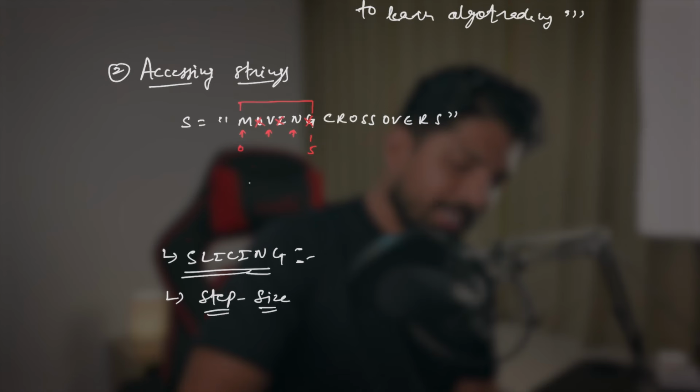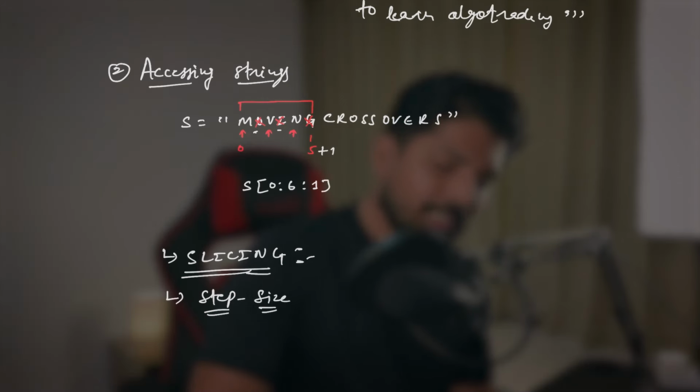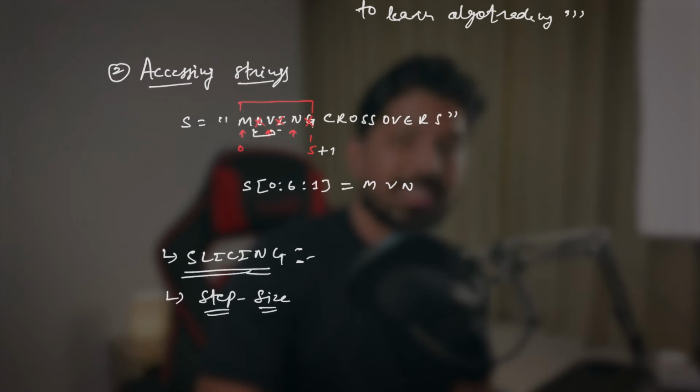So I will write s, then the starting index, then the last index, and we have to give +1, right? Then I want to give steps here, like I want to skip one character, so I will just write 1. So it will skip these characters, correct? And it will give me the output as m, then v, and then n. If you want to skip 2 characters, you can just give 2 here. So this is how the step size works.